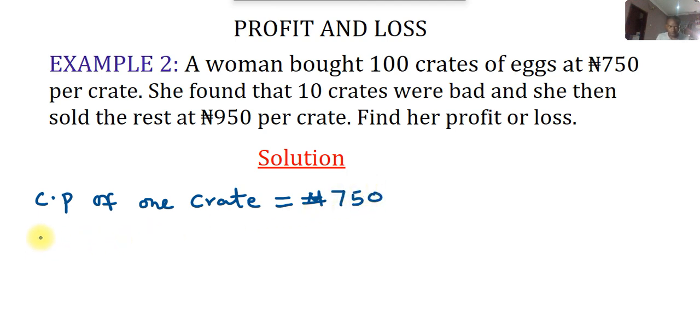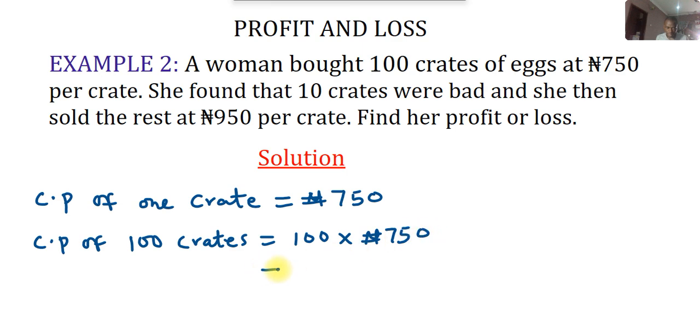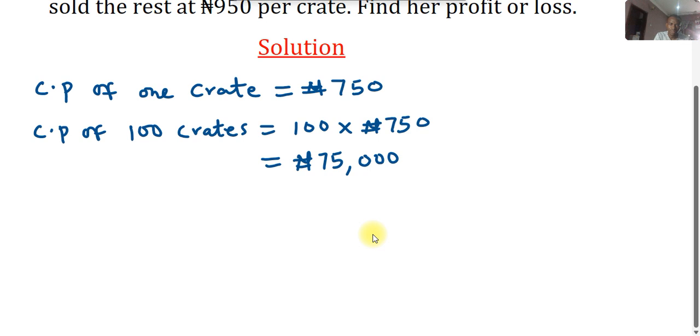Now the woman got 100 crates, so the cost price of 100 crates will be 100 multiplied by 750, and so in that case we have our answer to be 75,000 naira.